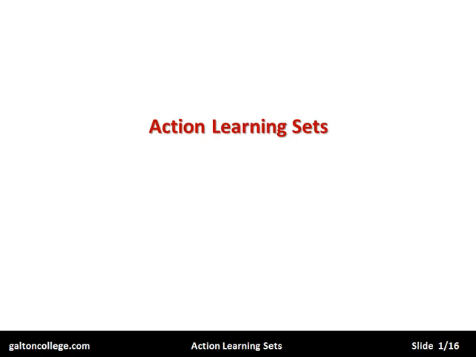In this video we want to talk about action learning sets. We want to look at some issues associated with action learning sets. Now, by action learning sets we mean groups involved in solving a particular problem or a particular issue, doing it now as opposed to learning it from texts and applying standard solutions or proposed solutions from text.